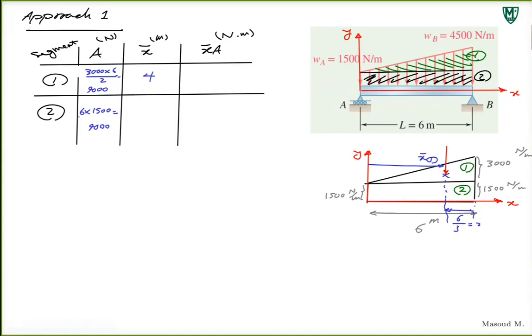For the rectangle, the centroid is exactly in the center, right? So this distance would be 3 meters, which means your x bar is 3 meters.